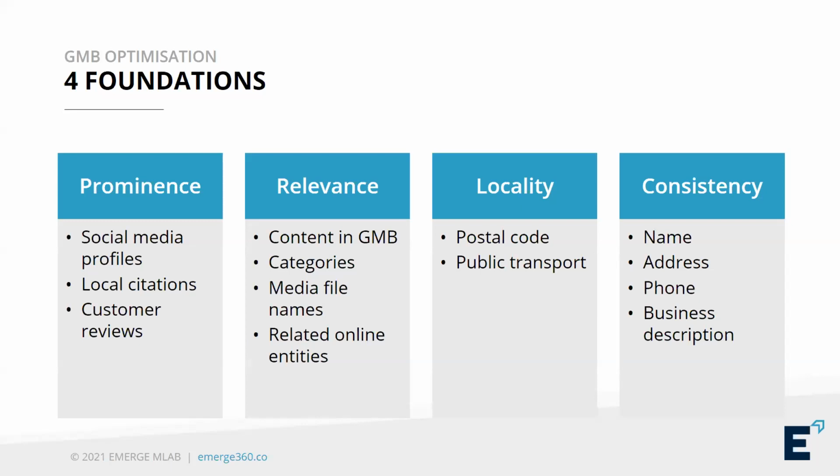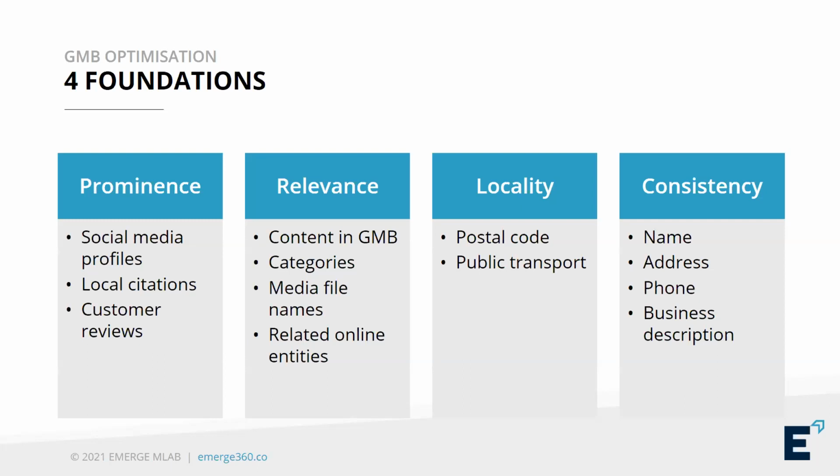Right? The more the merrier, but choose those that are reputable. Same thing, put in the same information that you have put in your Google My Business account. And of course, if there are reviews on those other platforms that you have, like for example, Facebook page and so forth, get customers to post reviews in those accounts.